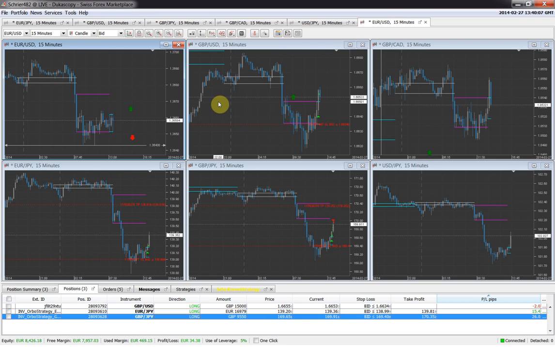Discipline, patience, follow the plan, follow the rules, and the money will follow you. Focus on the process, not on the content. I'm not looking at the money, I'm looking at if I'm following my rules. The money is secondary.